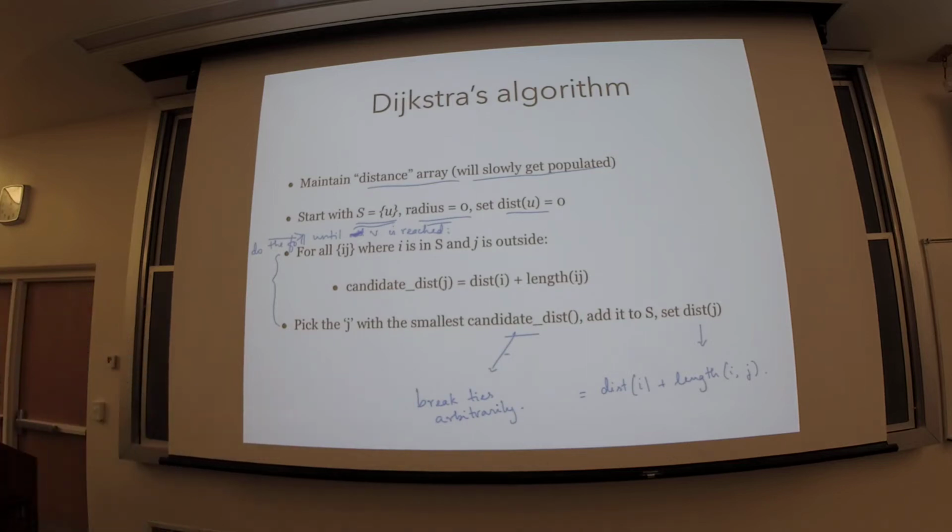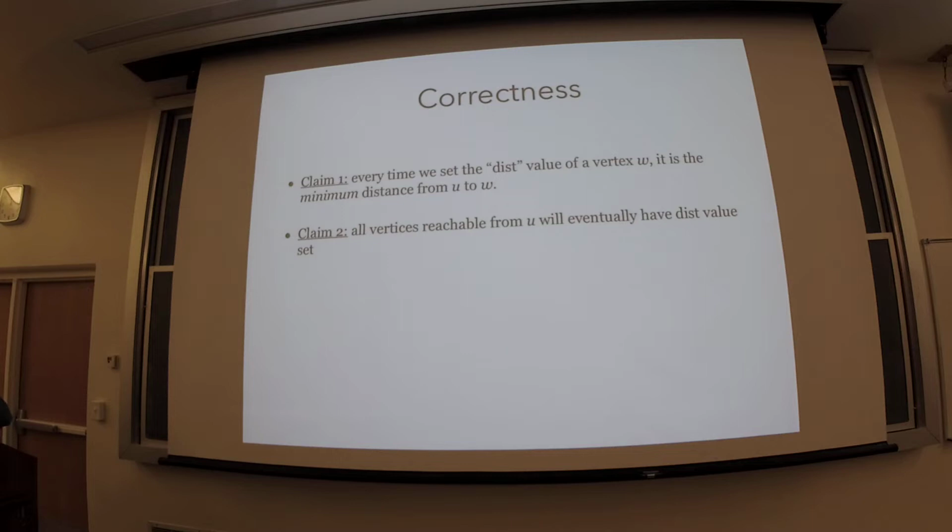How do we consider we can get to everything? Because that also is part of the analysis. You'll have to show that every vertex reachable from u will actually show up in this process. So that's exactly what I have on the next slide.